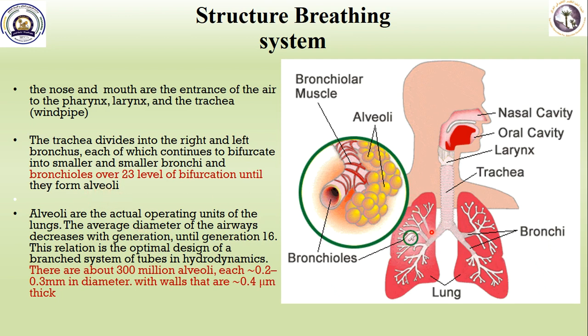The alveoli are considered the actual operating unit in the lung, and their average diameter decreases from the 16th to the 23rd generation of the division of the branches.